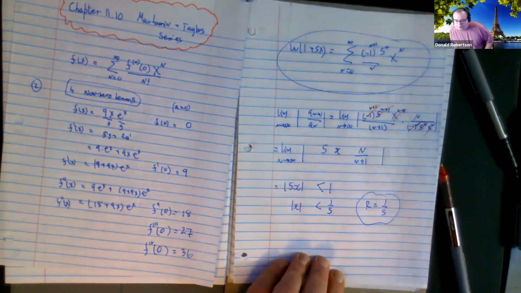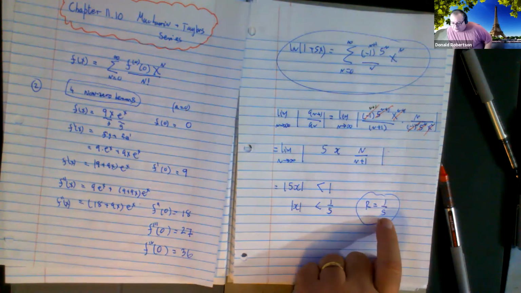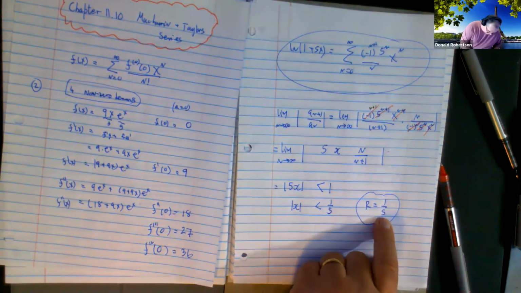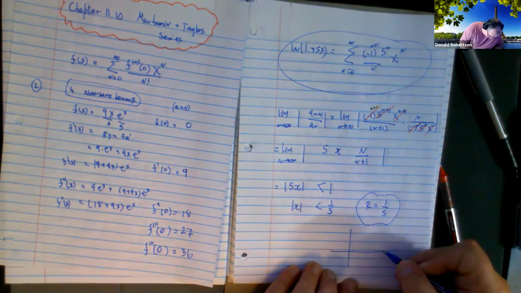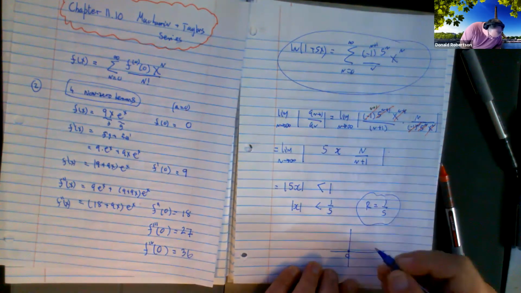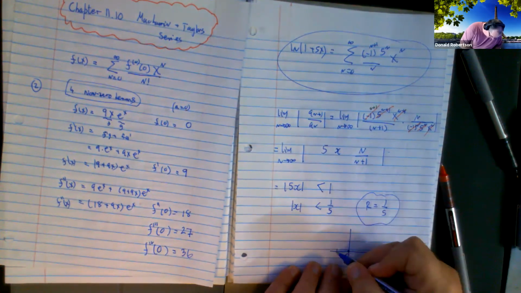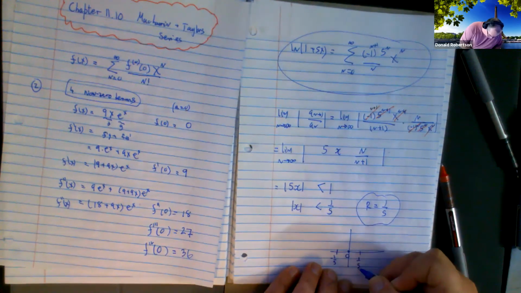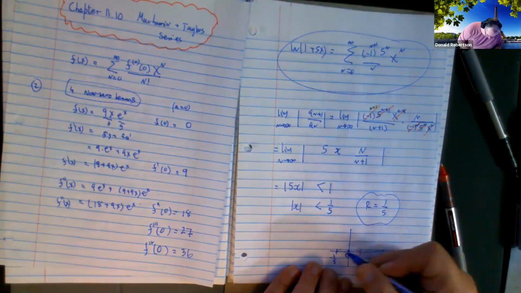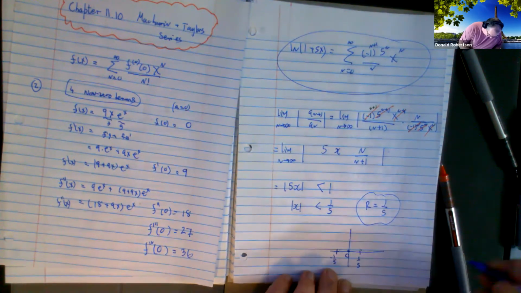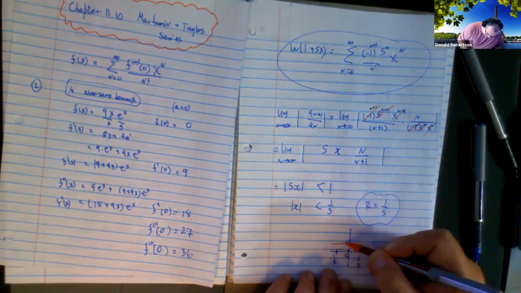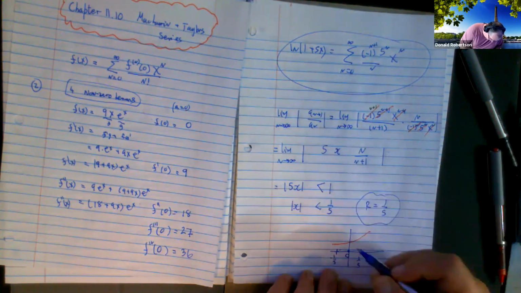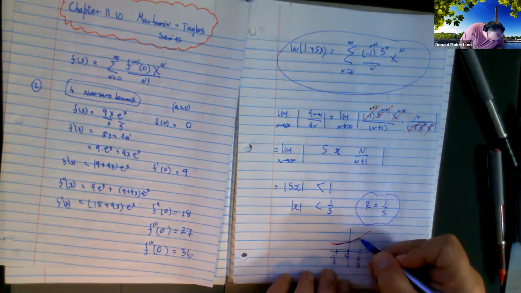So if you want a practical view of what this radius of convergence does: if you're taking your function, your f of x, and you're keeping within, you know, 1 plus or minus 1/5, the function, whatever it looks like, and the power series will be a pretty good match.